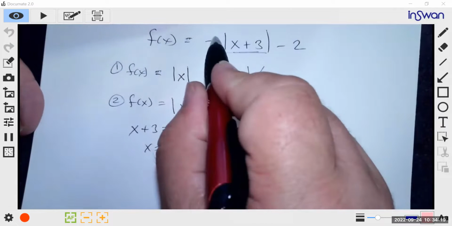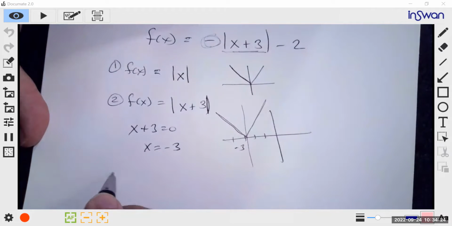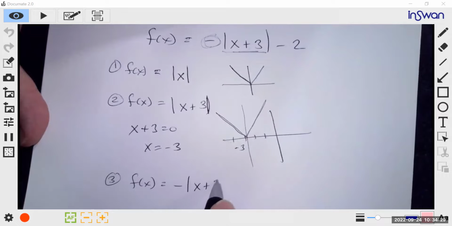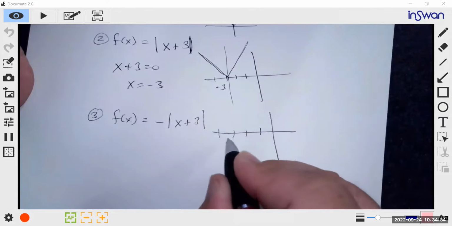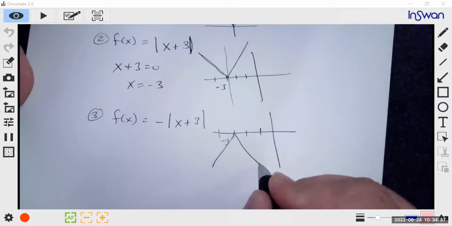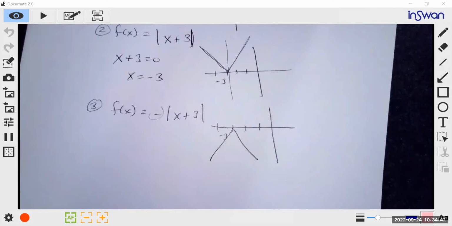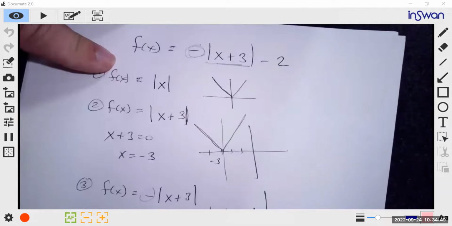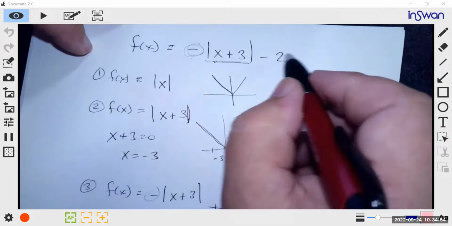Now with a function, we have to change directions. Instead of pointing up, the function now points down, because that's what that negative in front tells me. What's the last thing I have to do? We've done inside, we've done outside. We haven't done the -2 part yet.